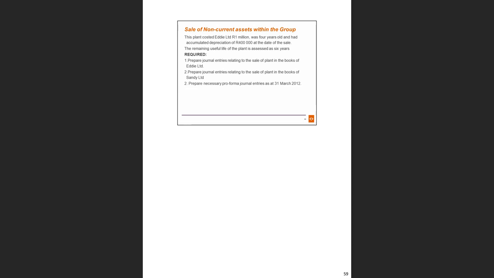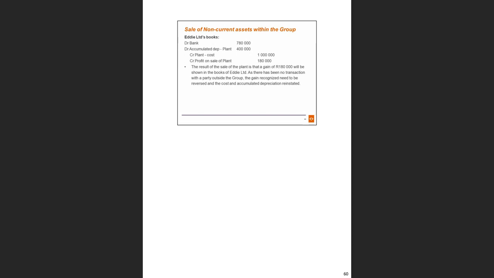Okay. So let's have a look at those journal entries. So in this situation, Eddie has sold an item of plant to Sandy. So we are looking now at Eddie's books. Okay, so now this is Eddie's separate books, okay? This is not the consolidated books. This is Eddie's separate books.